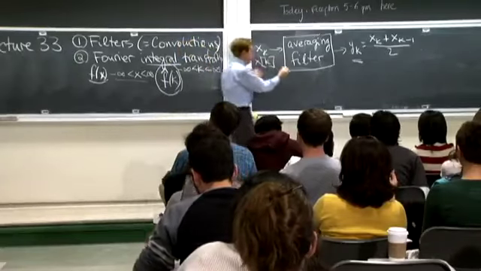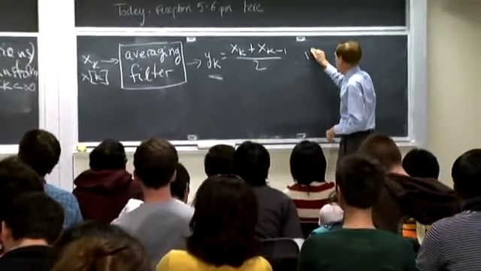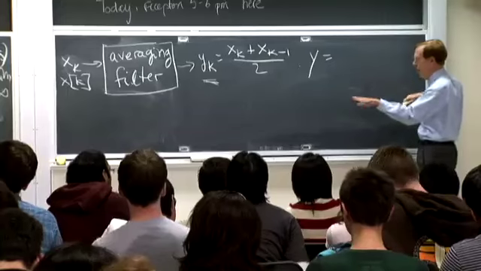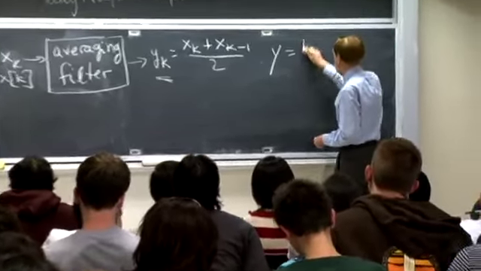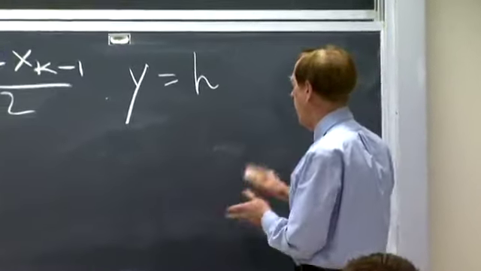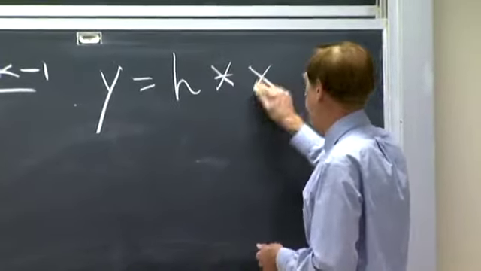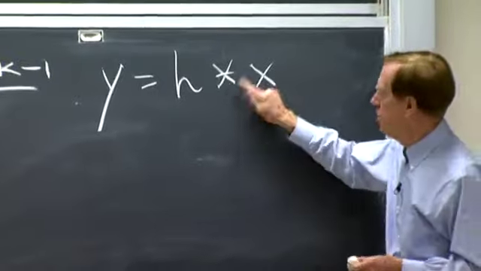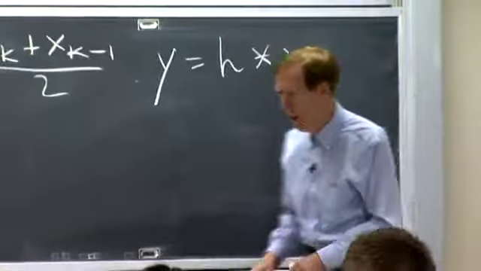I want to see that this formula is a convolution, that the output y, of all the averages, is the convolution of some filter, and I'll give it a proper name, with the input. And notice, again, there's no circle around here. We're not doing the cyclic case. We're just pretending it's infinitely long.